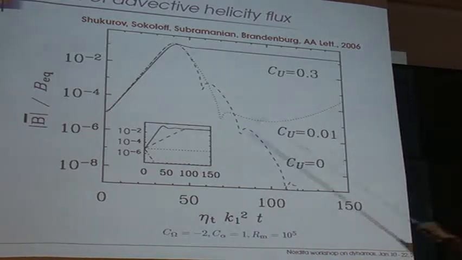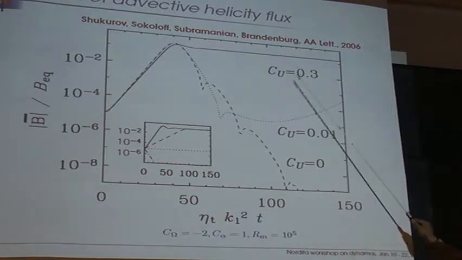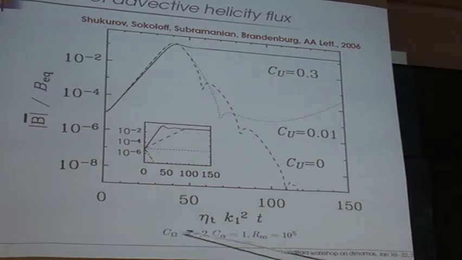And so what you can see is that this Cu, okay, so this is an alpha omega dynamo. These are the parameters for the omega effect and the alpha effect in some dimensionless form. The Cu is the amount of advective flux that you have, whether you advect away helicity from the system or not. So this is just a 1D calculation where you put some advective velocity out of the system.